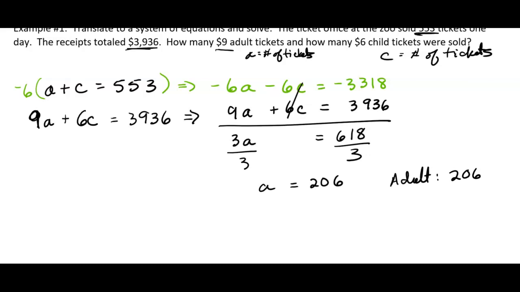Now, how will we figure out how many child tickets were sold? Well, remember this first equation right here, that A plus C had to equal 553? Now we know that A is 206, so we'll substitute that in. Subtract 206 from both sides.